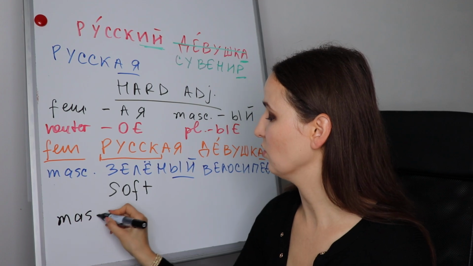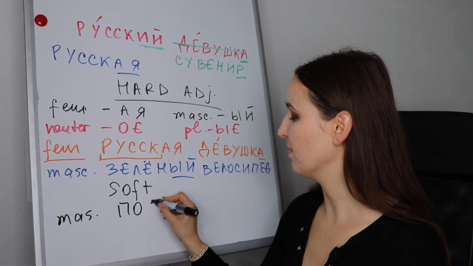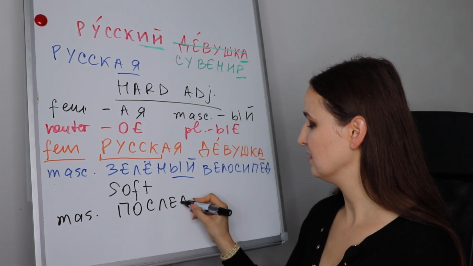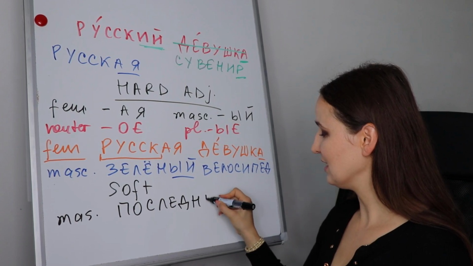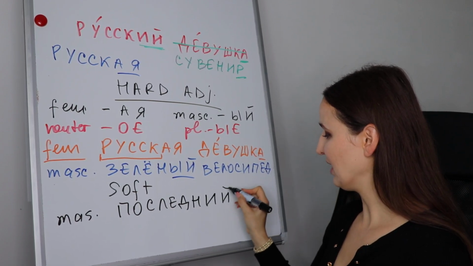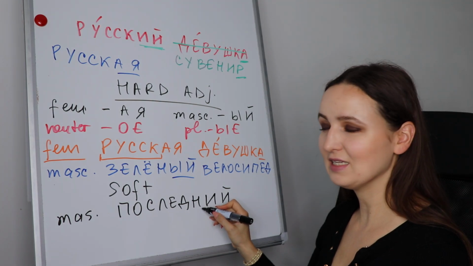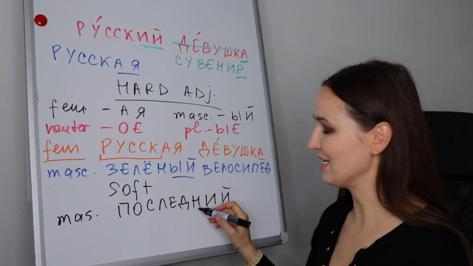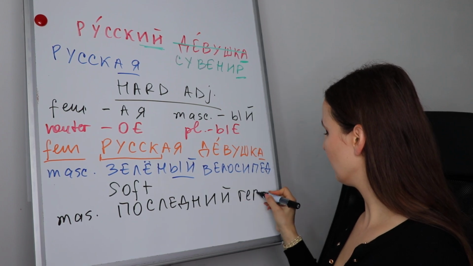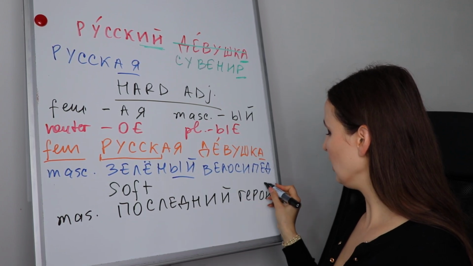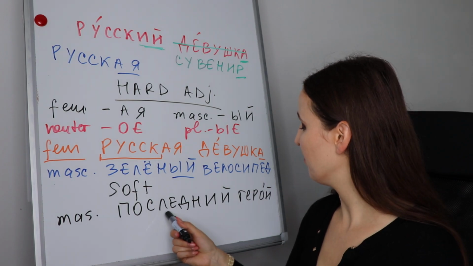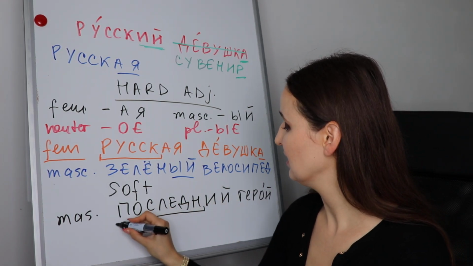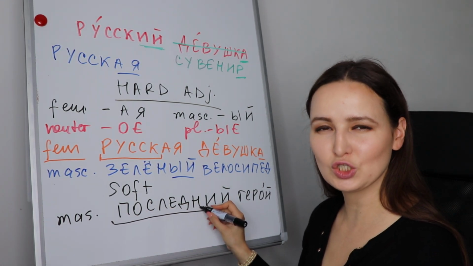Последний, зелёный, не. Последний герой is the last hero. Последн. This is the stem and here is soft.